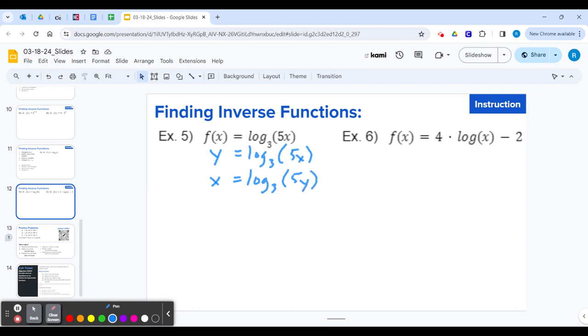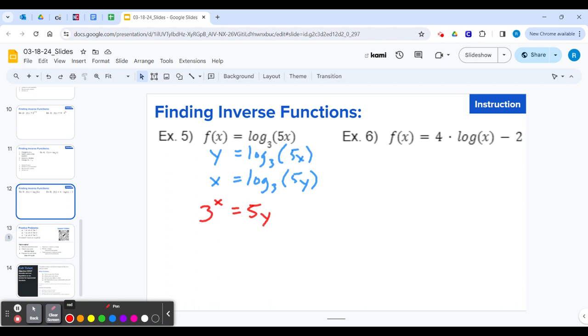The logarithm is all by itself, so I can rewrite that in exponential form. My base is 3. My exponent is x, and that is equal to 5y. We can either look at this as dividing by 5 or multiplying by a fraction.